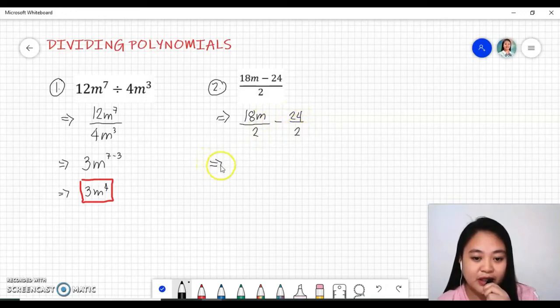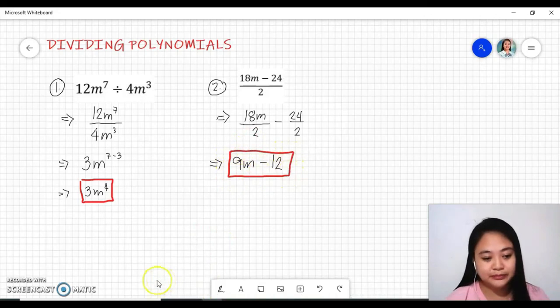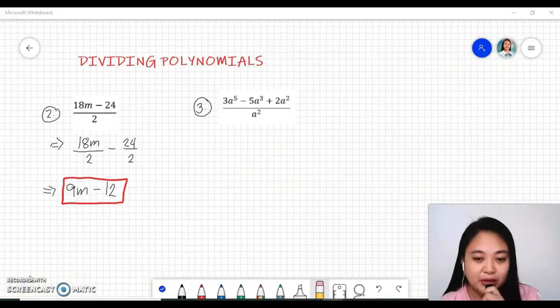Then, divide each term by 2. 18 divided by 2 is 9, copy m, minus 24 divided by 2 is 12. Right, you're correct. Then, box your final answer. And that's it. Now, example number 3.